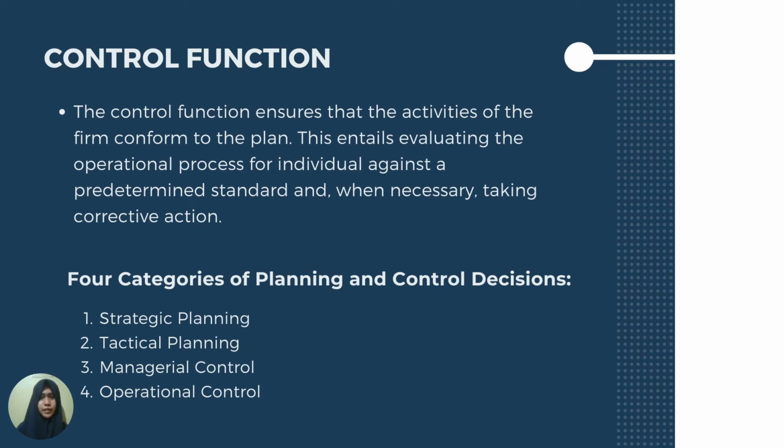Tactical planning and managerial control are implemented by the middle management. This middle management are usually the general managers, branch managers, department managers, and so on. Operational control is implemented by the operations management.